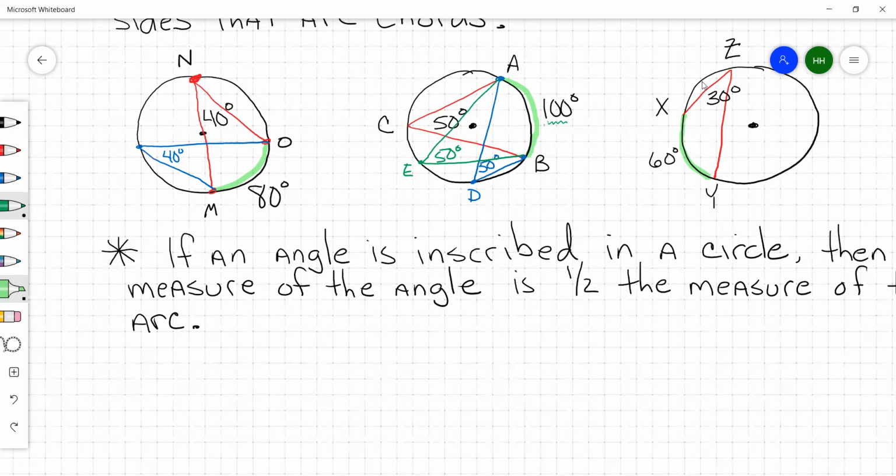Okay? And when you're doing your practice, they'll try to throw a bunch of lines in there to confuse your eyes. But you just have to pay attention to where the angle ends. Where do the sides of the angle end? If they end on the same arc, well, then the angles are congruent.